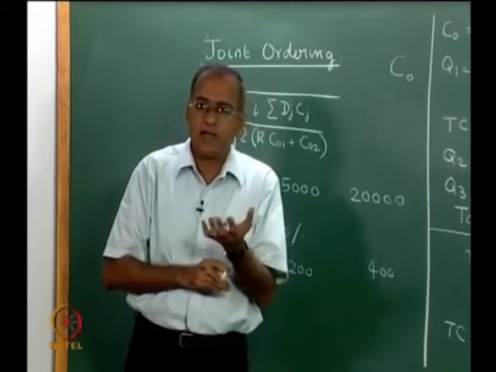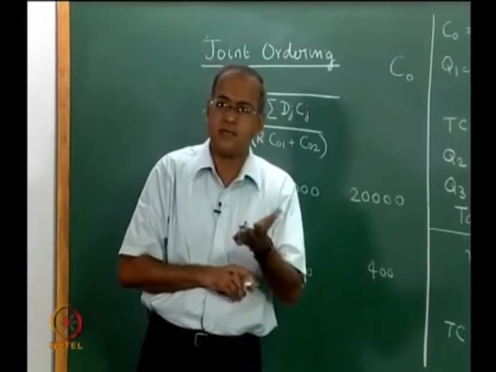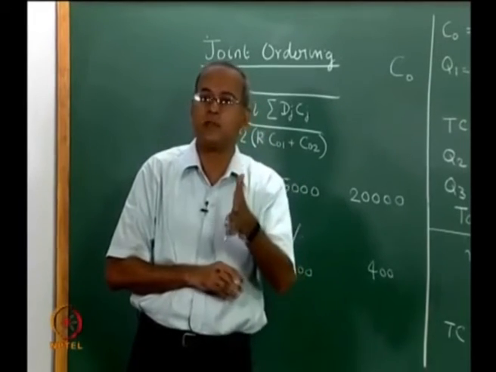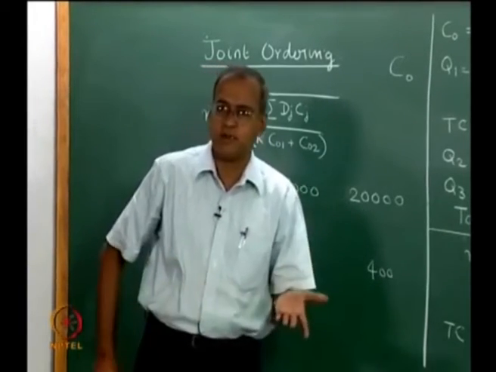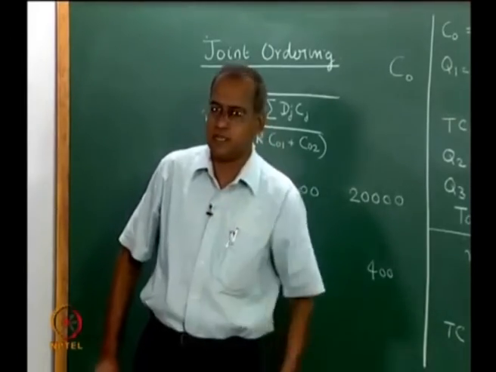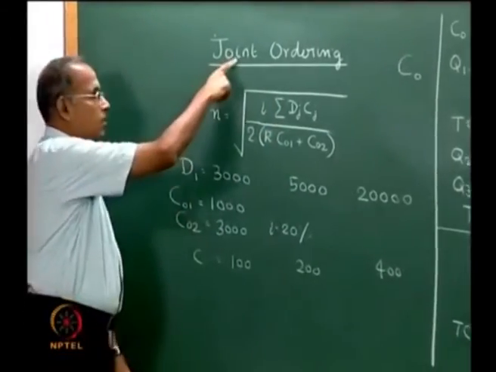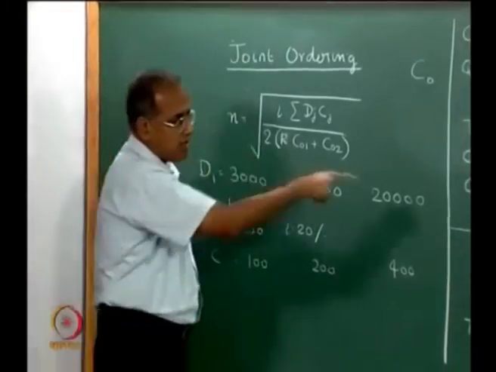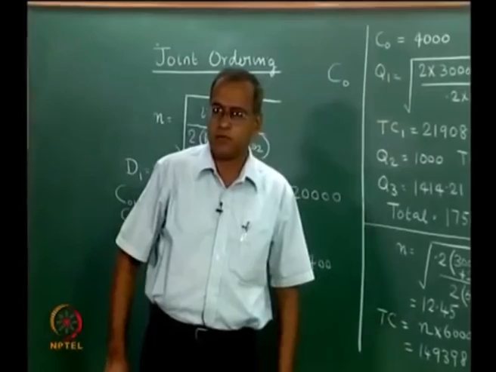So the whole idea of supply chain management and logistics leading us towards third party service providers and outsourcing of the transportation function allows organizations to now go more for joint ordering, so that the truck cost can be saved and the total inventory cost can be brought down.